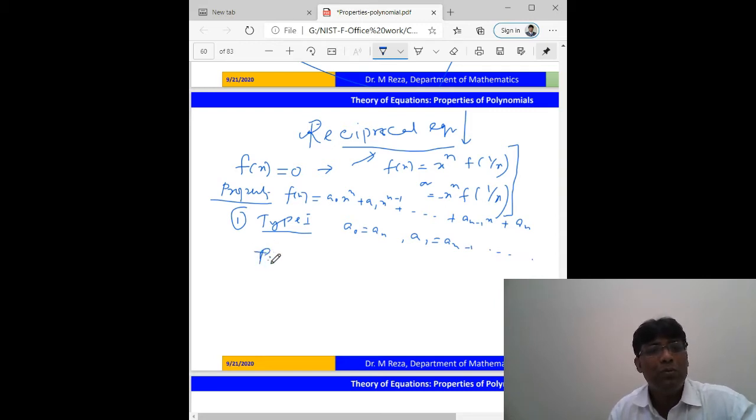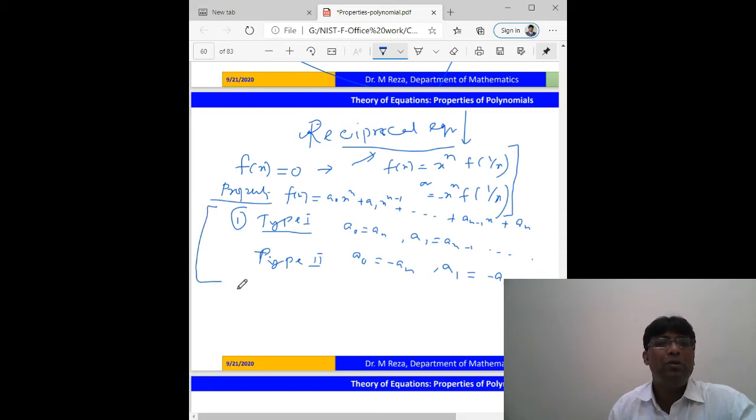Type 2 is that a0 is equal to minus an, a1 is equal to minus a(n-1). So this is numerically the same, but the sign is different.